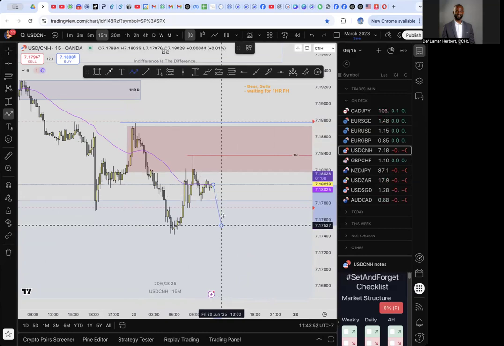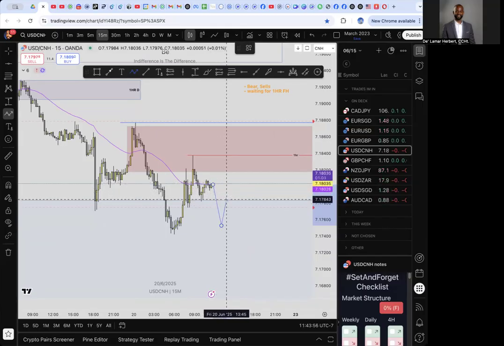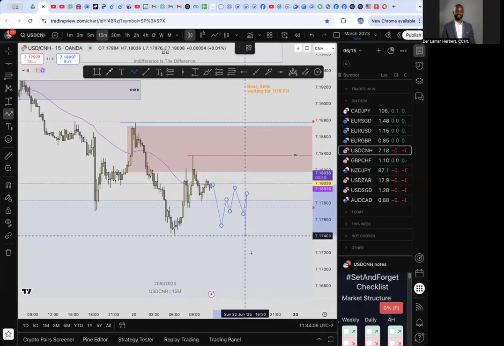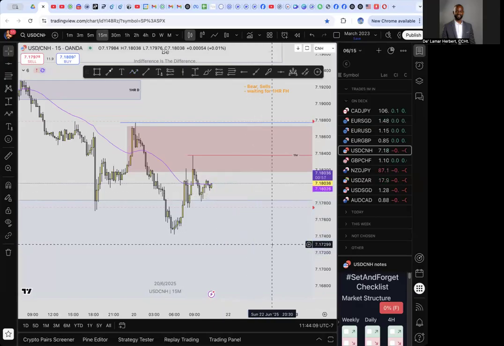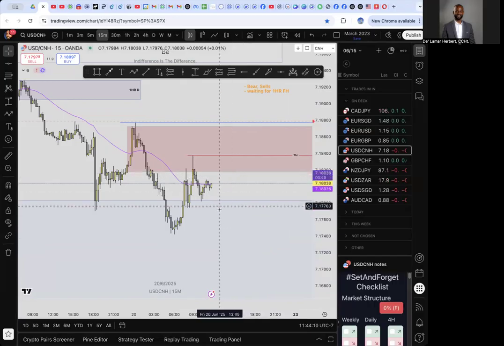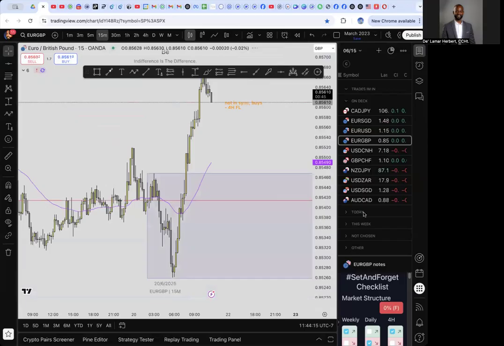Then I want to see it create a supply zone here, where I can do a lower time frame first high, manipulate it, tap into the supply zone, come down. Even if it wants to create another supply zone, I can tap into that and then go down. That's what I want to see. But for right now, I'm not going to touch this until we shift structure. This is a smarter move.